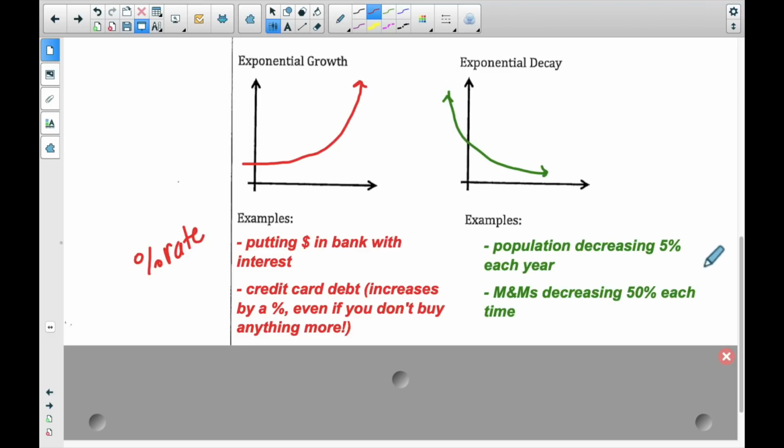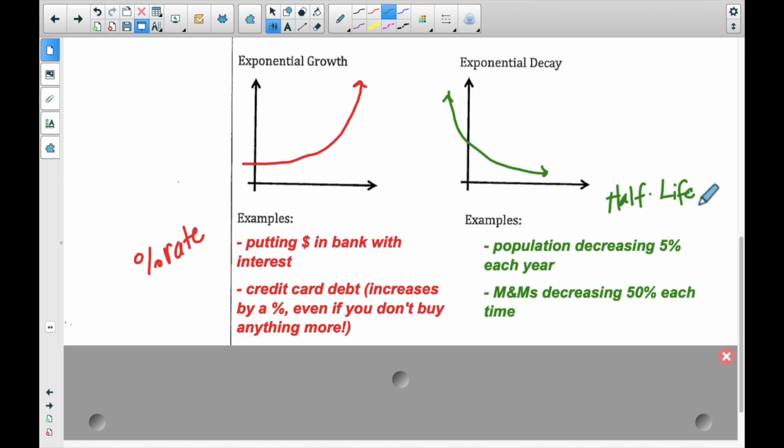Another example of this, going back to biology, or maybe this would be chemistry, is if you are taking a drug, when the drug leaves your body, have you heard of half-life? All right, if something has a half-life, that means it's getting cut in half over time, and that's how drugs typically work. They typically have a half-life.